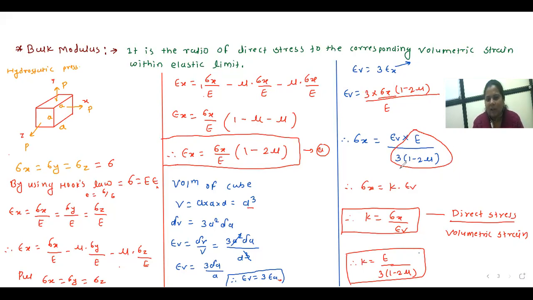So this E divided by 3 in bracket 1 minus 2 mu is nothing but K. So sigma x is equal to K into epsilon v, therefore K is equal to sigma x upon epsilon v, and sigma x means direct stress and epsilon v means volumetric strain. So bulk modulus is the ratio of direct stress to the corresponding volumetric strain. Okay, so this is the derivation or formula for the third elastic constant, that is bulk modulus.